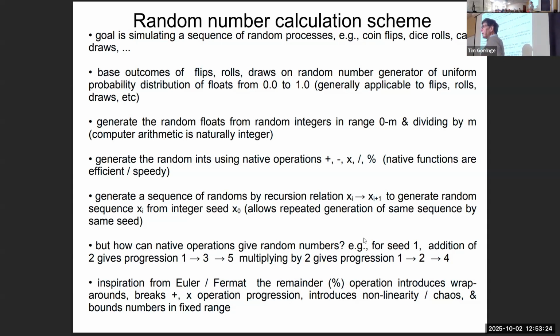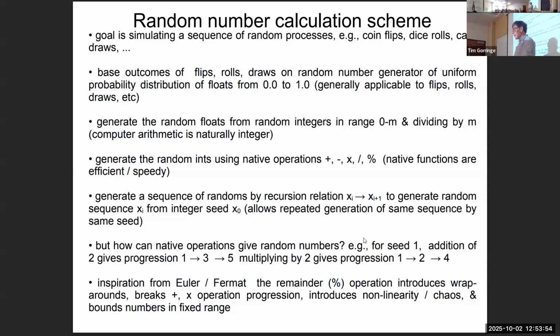One reason for doing that is that often if you are simulating the planet, or you're simulating a galaxy, you want to be able to run the simulation and then be able to run the simulation again with the same set of random numbers. That's useful in debugging, in understanding your code.